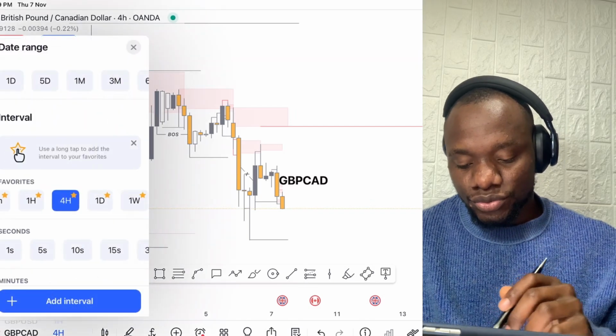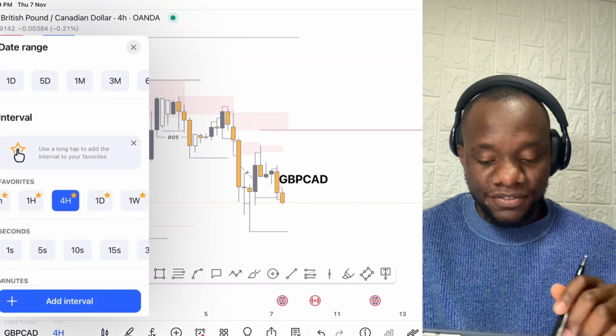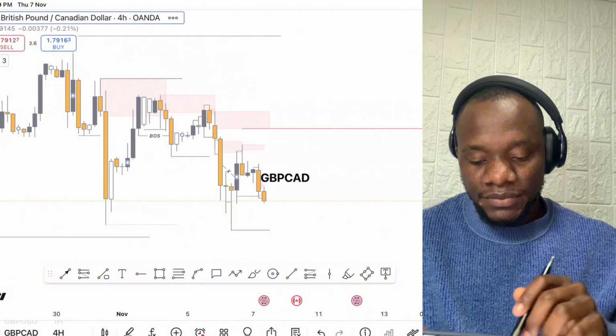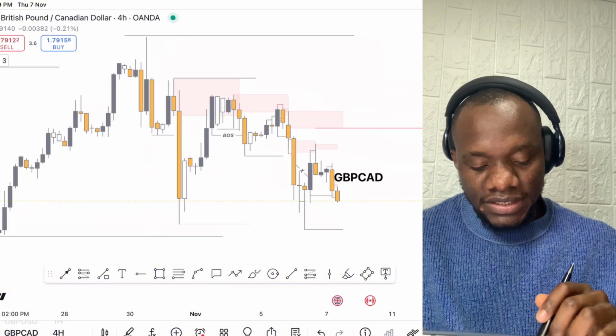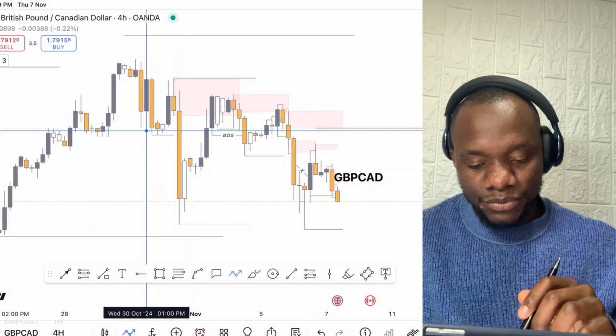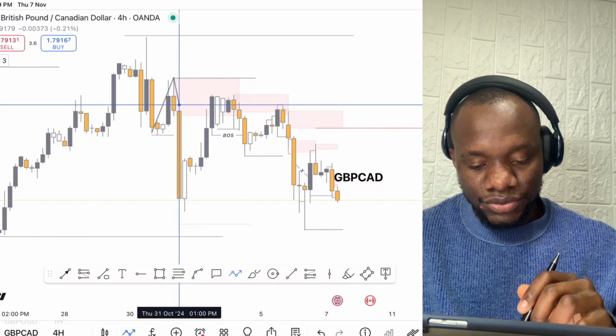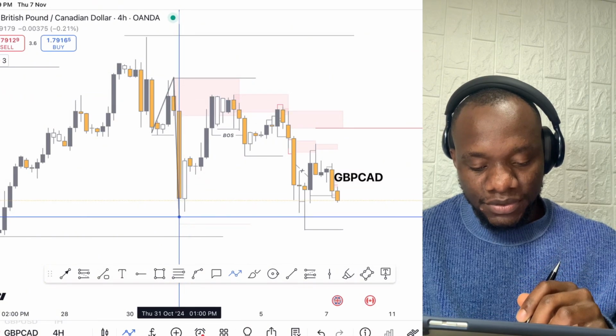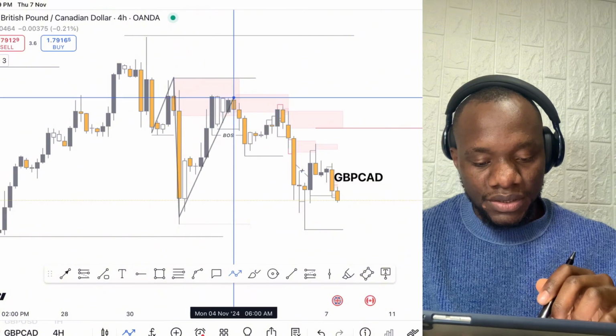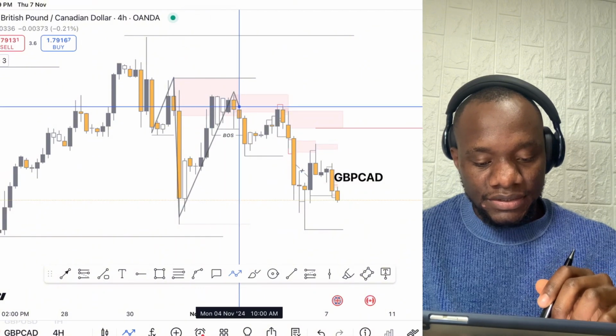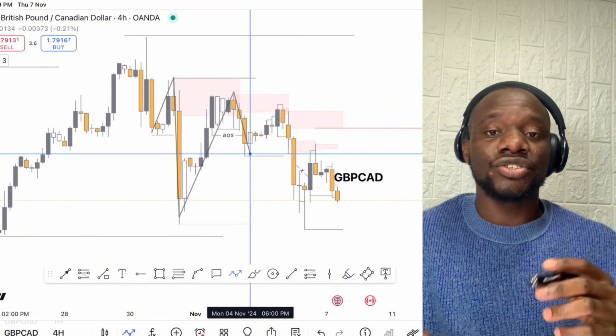Let's still stay on 4 hours while I show you guys something. On 4 hours, you see we have this move from here, bought from that zone and came here, and we put in another high, making it a change of character.